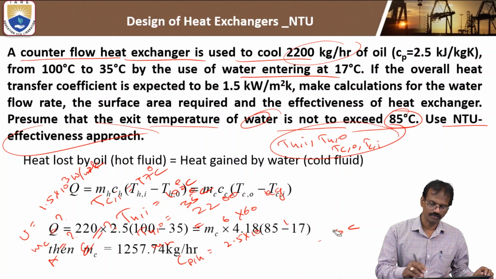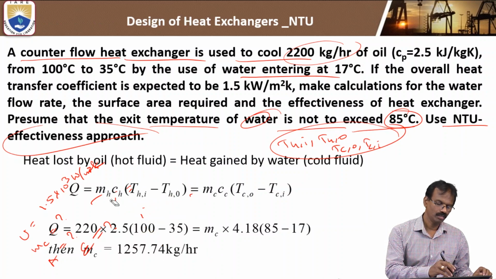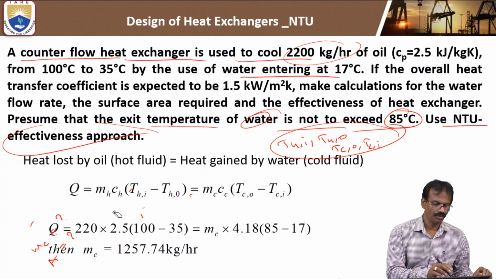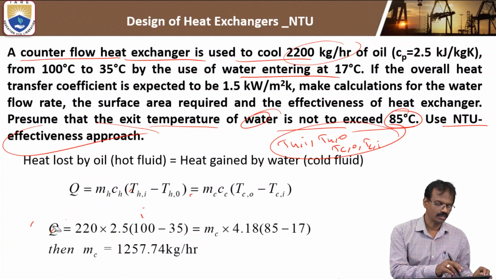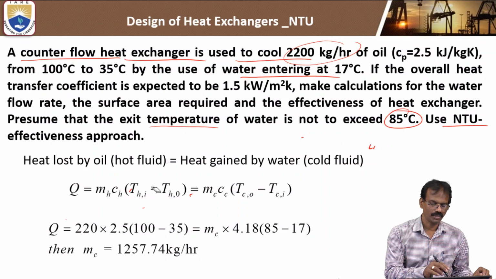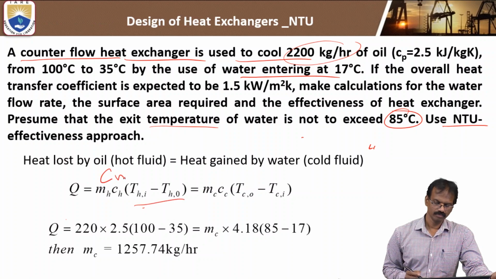Okay, now let's see how to solve it. We already discussed the given data. First you have to find out the Q value, the rate of heat transfer, because you know the energy equation is Q is equal to mH CH into (THI minus TH0), the hot fluid temperature difference into specific heat.